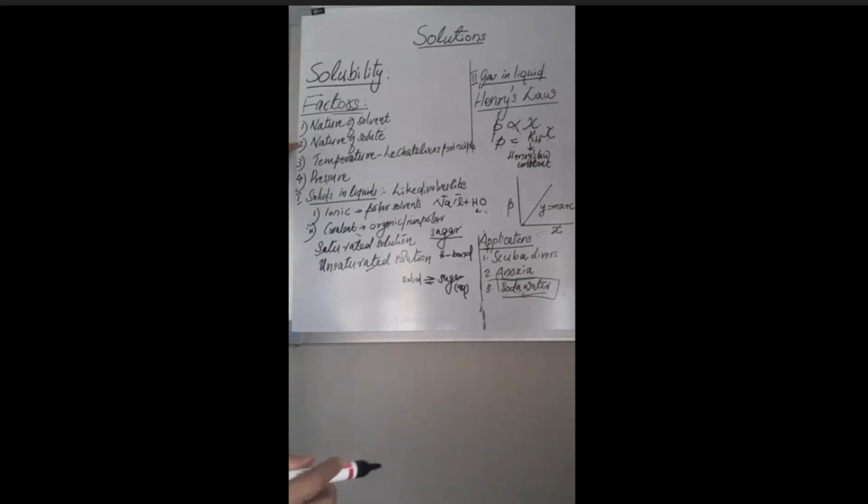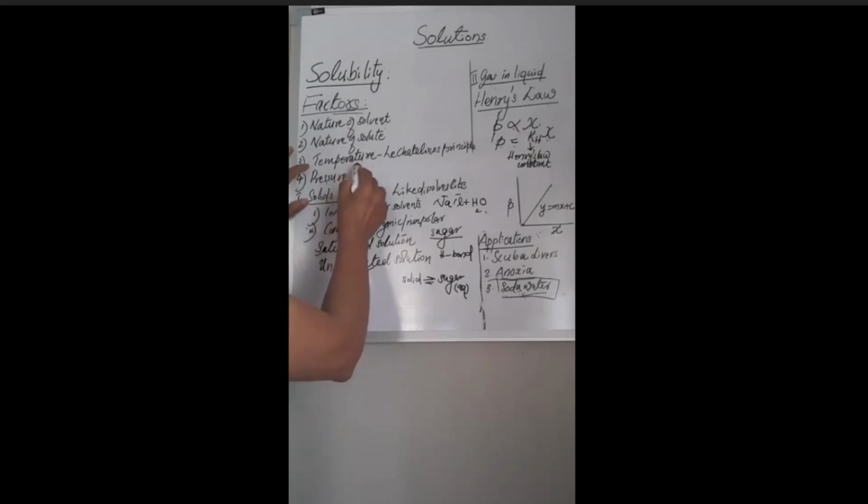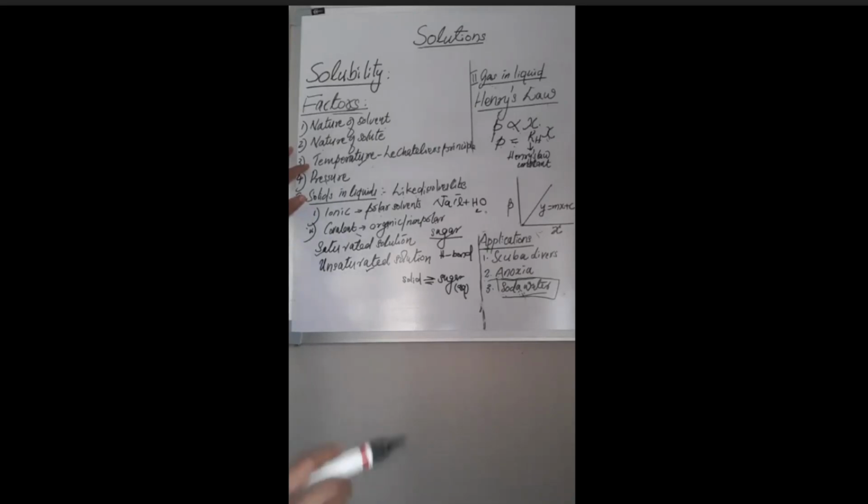Now coming to the next factor which can affect the solubility of solids in liquids, temperature. When explaining temperature, we must know the nature of the dissolution process. The dissolution of a solid in liquid can be exothermic or endothermic.